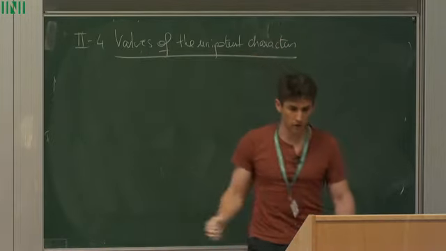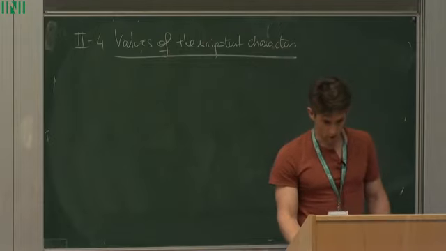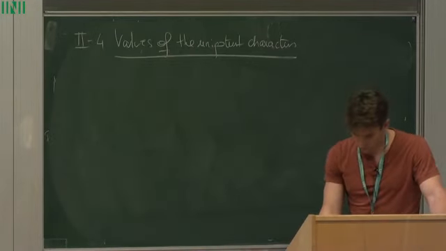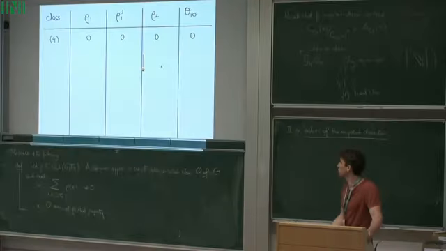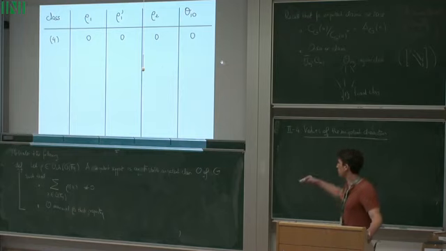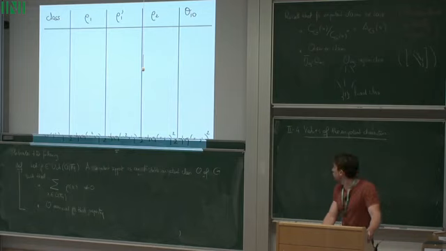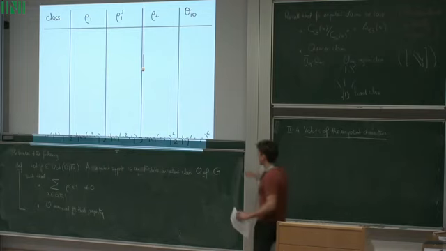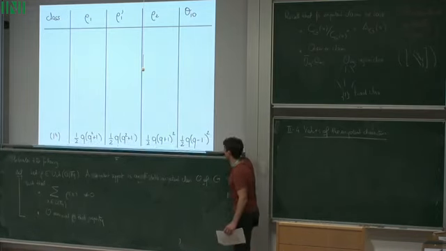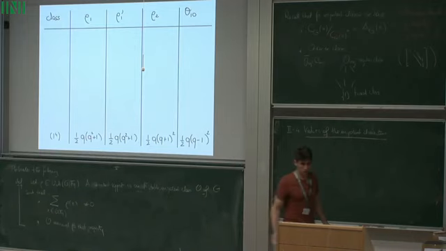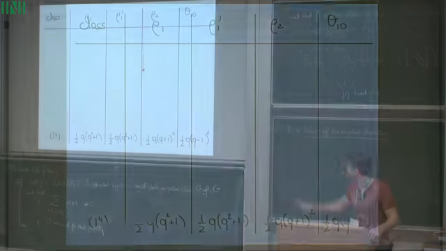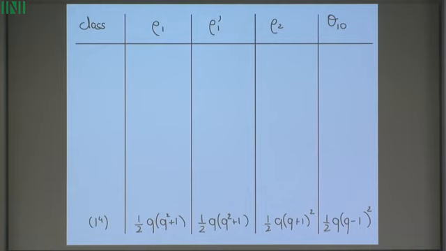So if I look at the values for these characters, because of the definition of the unipotent support, I know that they vanish on the regular class. Their unipotent support is the class which is just below, so they have to vanish on things which are bigger. So I can remove this. On the trivial class, this is just the dimension of the unipotent characters, which I've copied here. The last one being the cuspidal one.